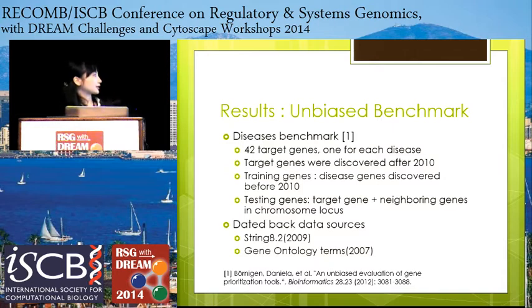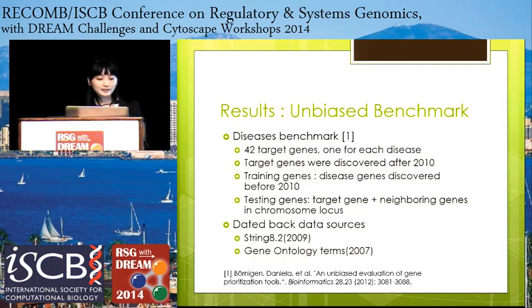The target genes have the characteristic that they were discovered after a certain time, and the training genes are the disease genes discovered before that time. The testing genes are the target genes, and we mix them with some neighbors in the chromosome. Here we want to mimic a natural way of discovering novel genes, where we don't have previous information on those target genes, and we want to rediscover them and see those target genes ranked at the top of the list.